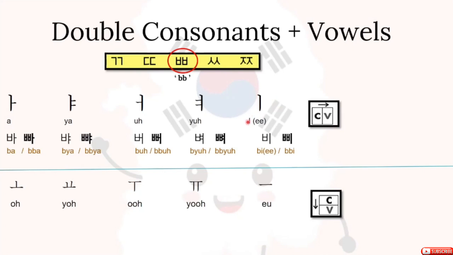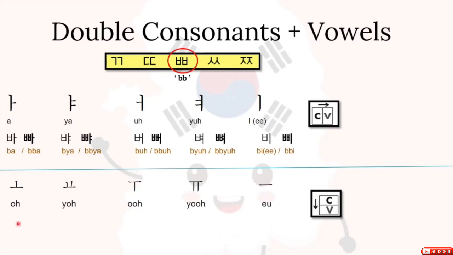B and e becomes be. For double consonant, b and e becomes be. So this one is be. Be, be, pe, be. Okay, good.